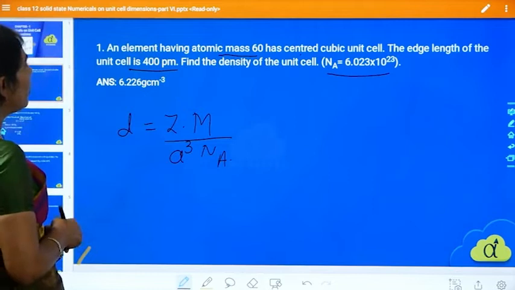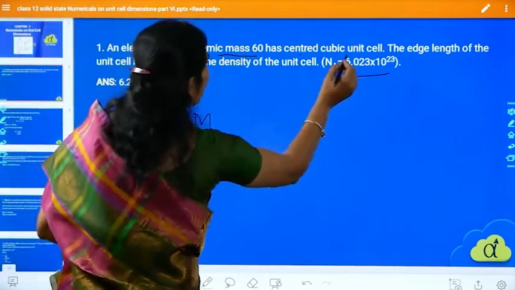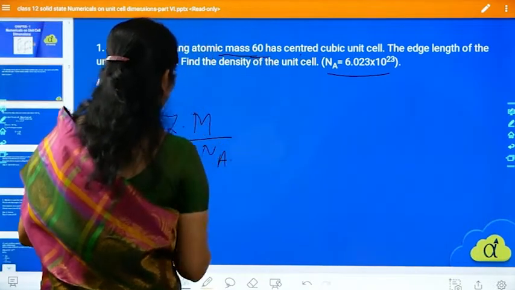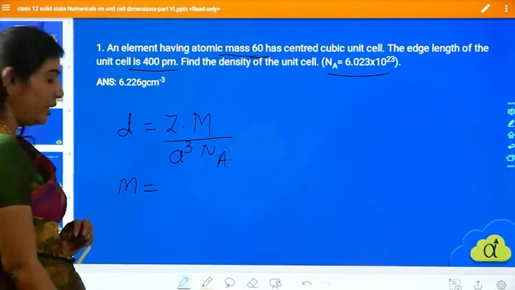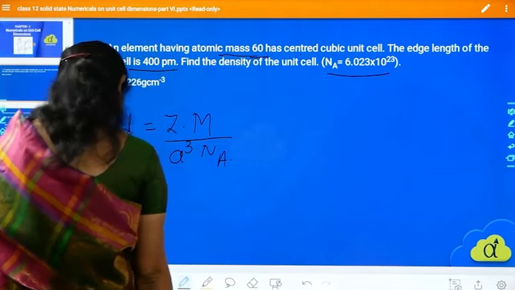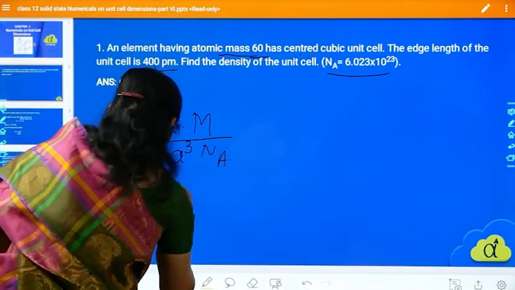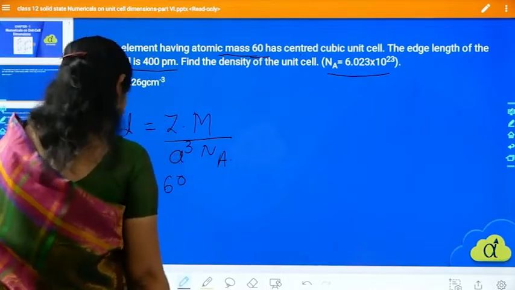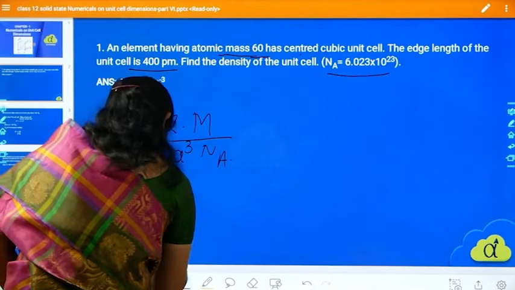So here, what is the Z value? An element having atomic mass 60 has a centered cubic unit cell. The mass is 60. First you have to note down what is given. What is the M value given here? M is 60.